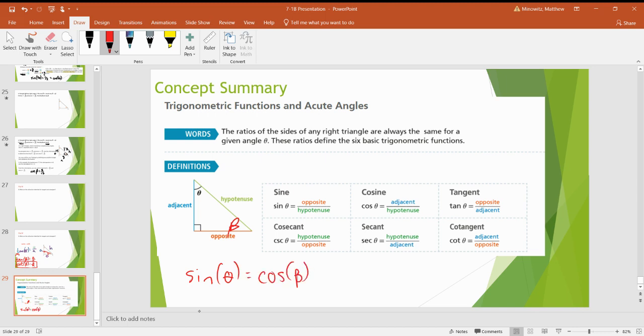We also learned that the tangent of theta equals the cotangent of beta. And we learned that they're reciprocal ratios. Now these are the basics, and next time we're going to learn about something called the unit circle and how to find the sines and cosines and tangents of a whole lot of special angles that we deal with in triangles.